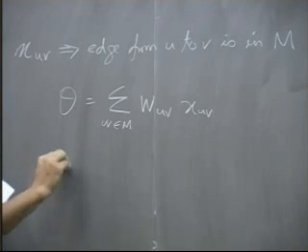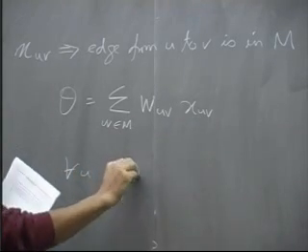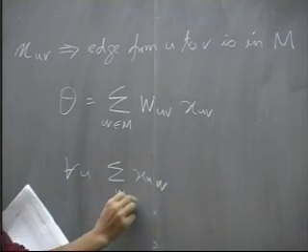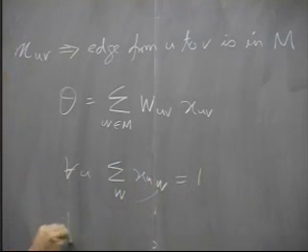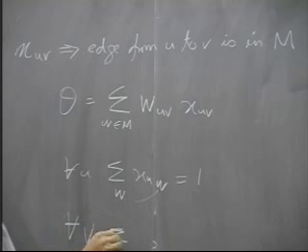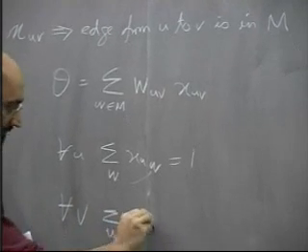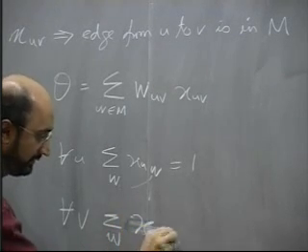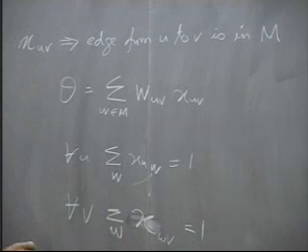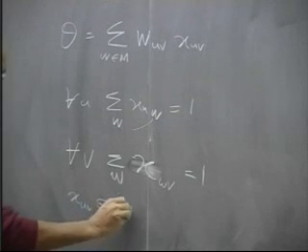And then what you're going to say is that for all u, the sum over w, which is a new variable, of x_uw equals 1. And for all v, the sum over w of x_wv equals 1, and x_uv belongs to {0, 1}.